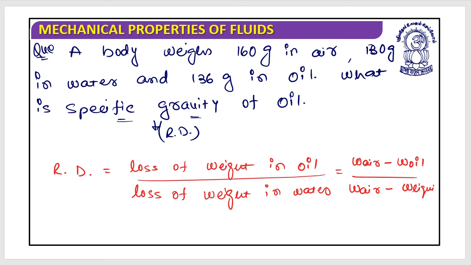It is the same thing that we did. It's the weight in air, 160 g, minus the weight in oil, 136 g, divided by the weight in air, 160 g, minus the weight in water, 130 g.